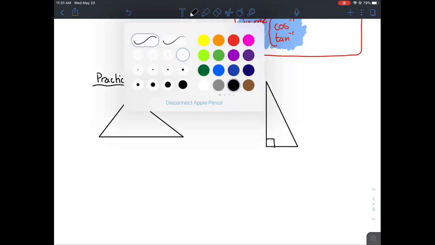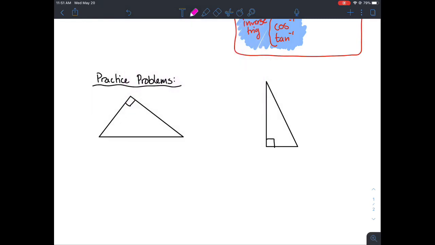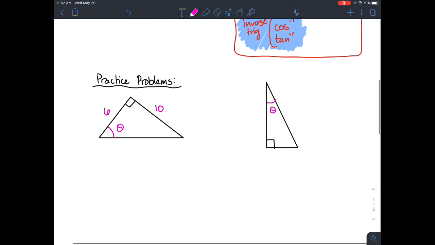And on this one here, we're going to have the side lengths of 6 and 10. And our missing angle is going to be here, so we'll call that our theta. On the other one, we're going to have our missing angle, and we're going to have a side length of 6, and this will be 17.